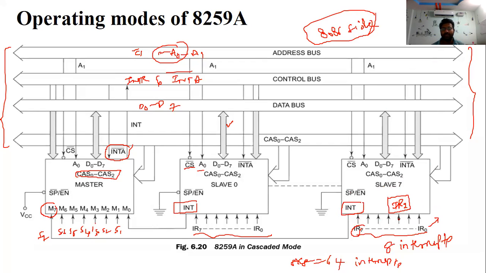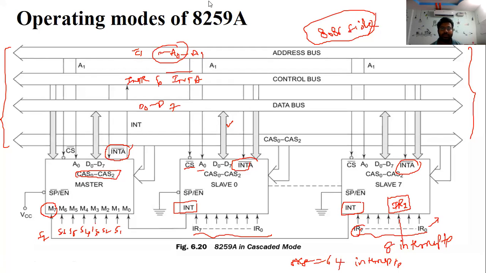This device gives the interrupt request to the master device, and the master device gives the interrupt request again to the 8086. If that interrupt request is accepted, then the master device gives the interrupt acknowledgement sequence. Very easy.